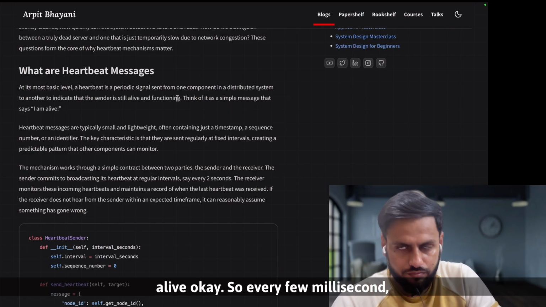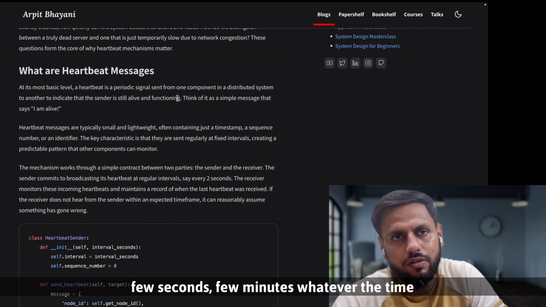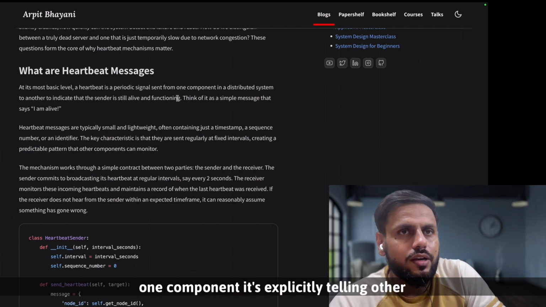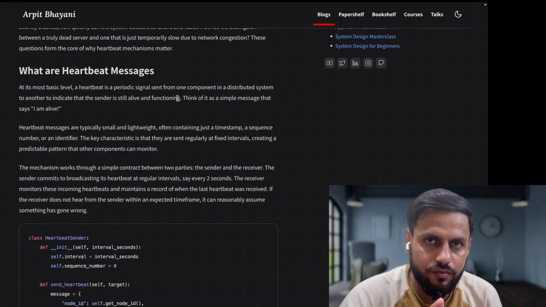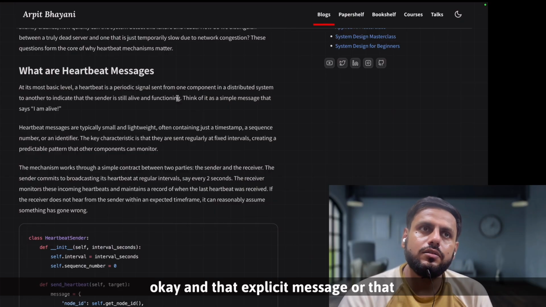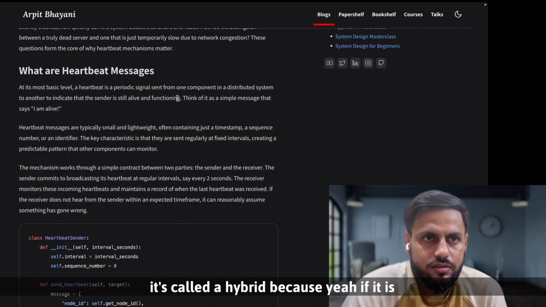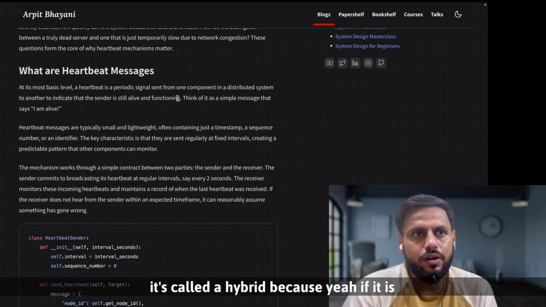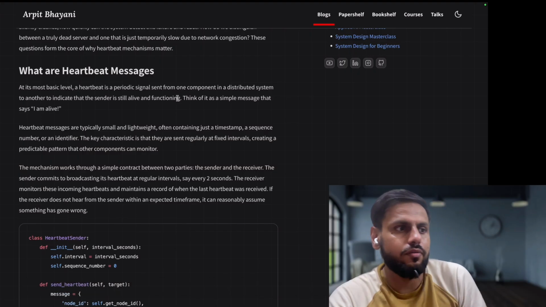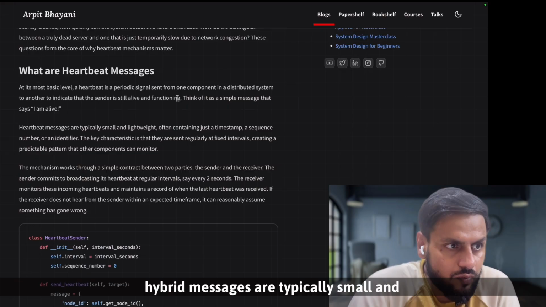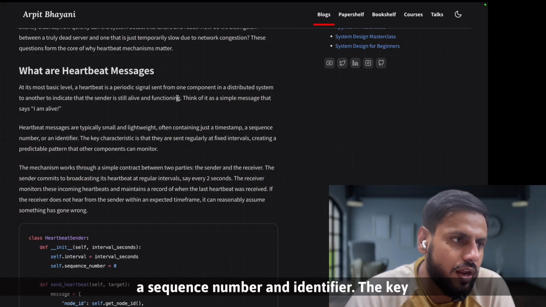So every few milliseconds, seconds, or minutes, whatever the time period is, one component is explicitly telling another component or system that it's alive. That explicit, intentional message is called a heartbeat, because if the node is alive, it should be sending us some message saying that it's alive. Heartbeat messages are typically small and lightweight, often containing just a timestamp, a sequence number, and an identifier.